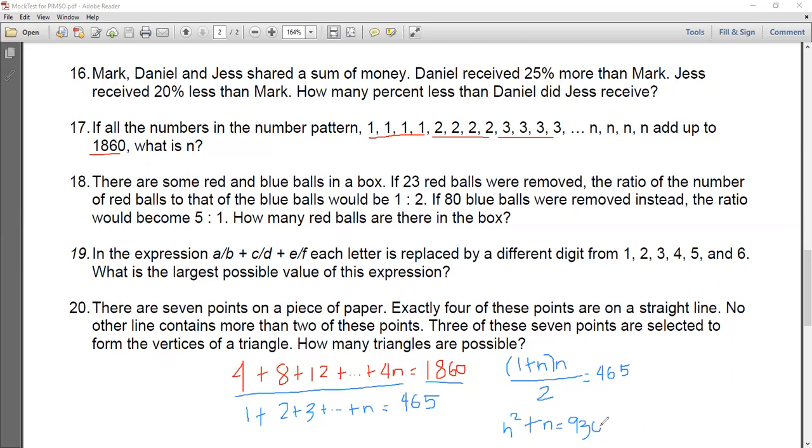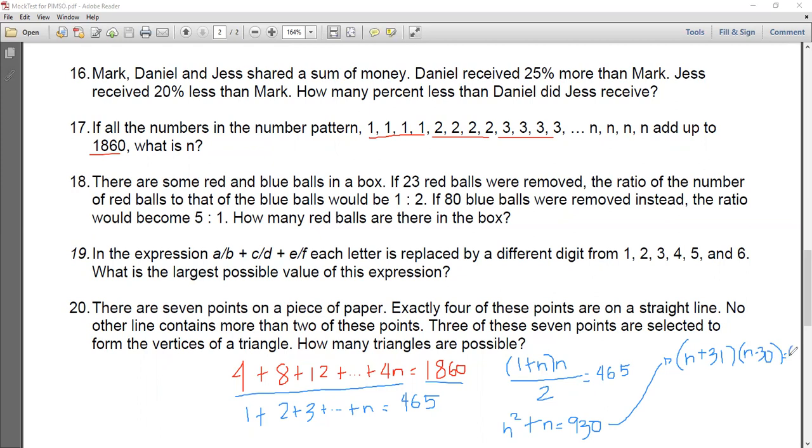So again, I am sure that you are familiar with factoring or even the use of the quadratic formula. If we factor this one out, this will be now equivalent to n plus 31 times n minus 30 is equal to 0.